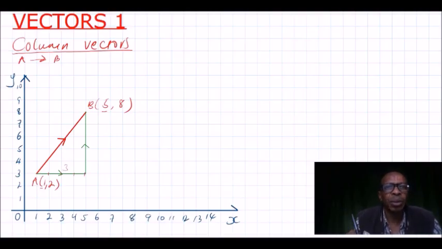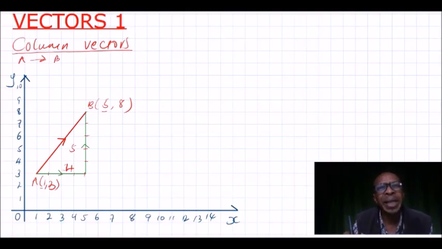The y-coordinate of A is 3, not 2, as you can see here. So we have 1, 2, 3, 4, 5, which is 5 units.